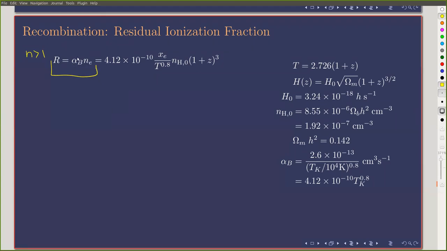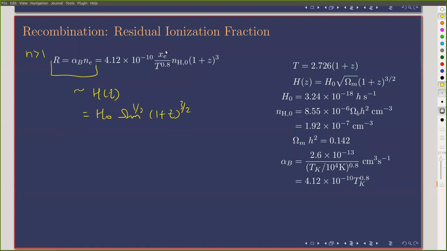So this is the recombination rate, which I have calculated and put here. And we can compare this to the Hubble expansion rate, h of z, which is basically for the matter-dominated universe. So we will always be using this matter-dominated approximation.